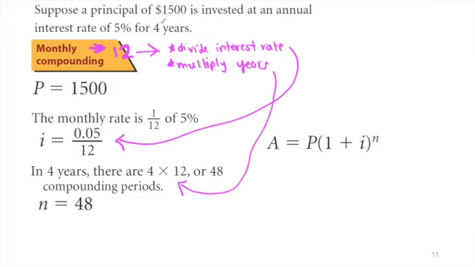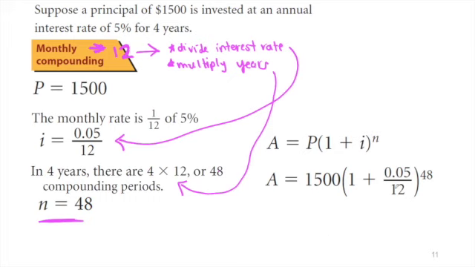You take your 4 years, multiply by 12, which is 48. So your number of compounding periods is 48, the number of times you're going to pay interest in those 4 years, because you're doing it once a month. Sub those numbers into your formula.